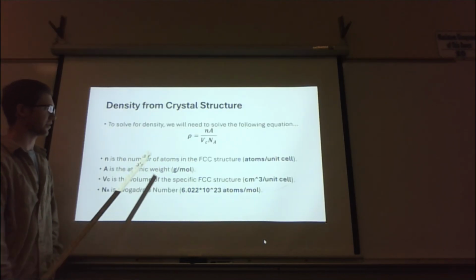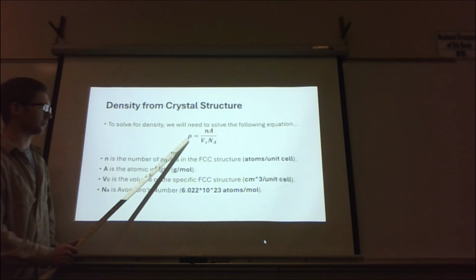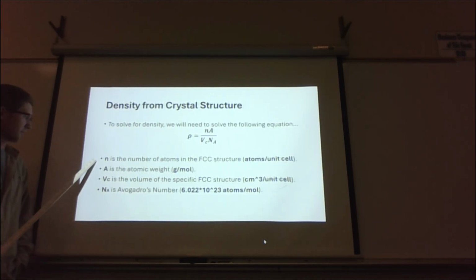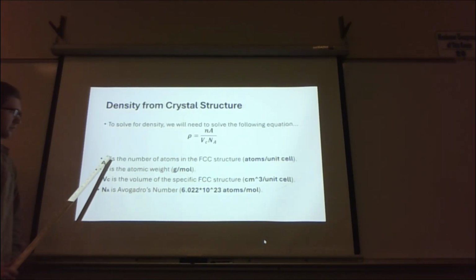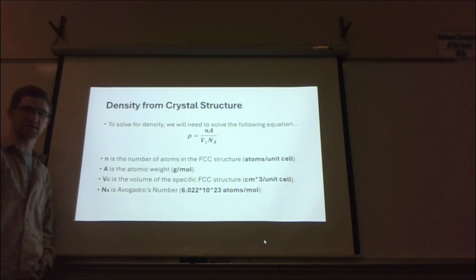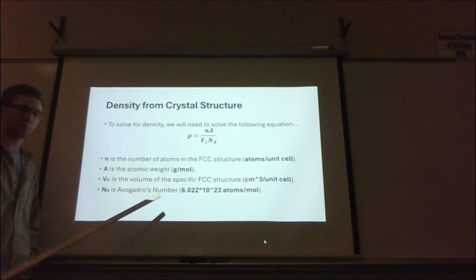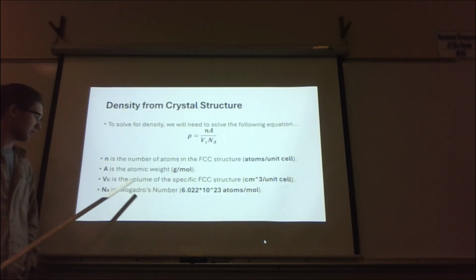This will be the equation that we're going to use to solve for density, with rho being our density. The other variables here are the lowercase n, which stands for the number of atoms in the actual FCC structure, and capital A is the atomic weight, which we saw on the previous slide.